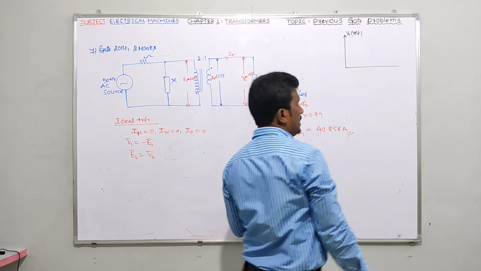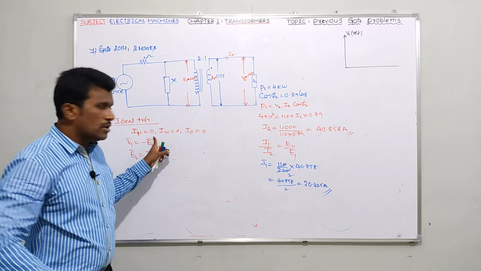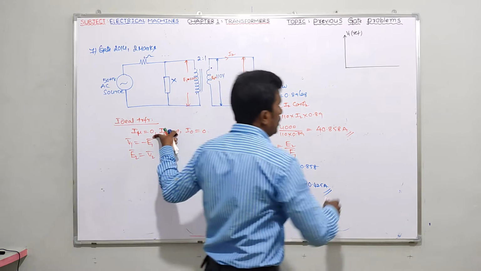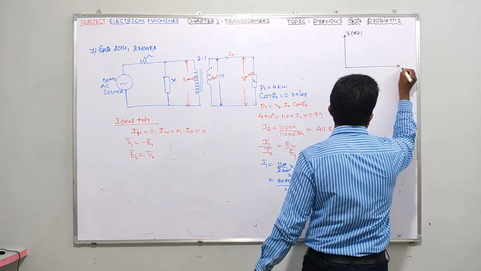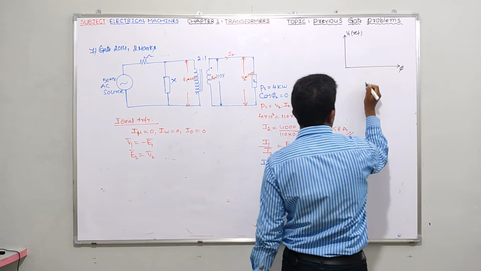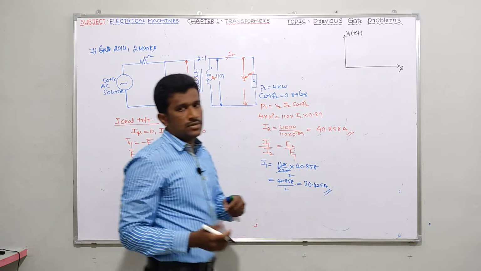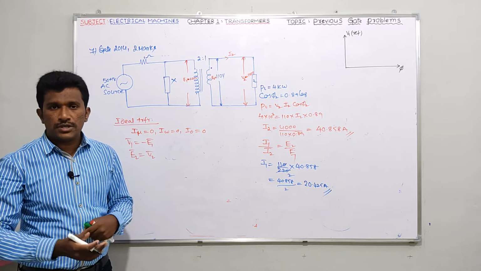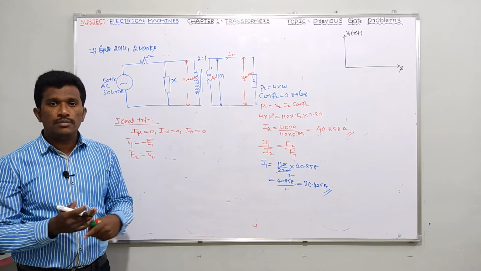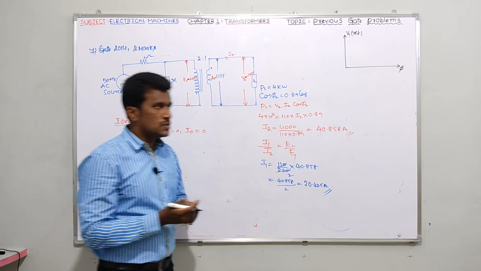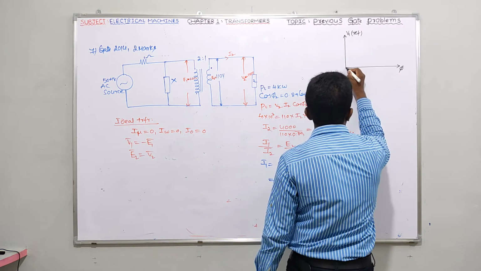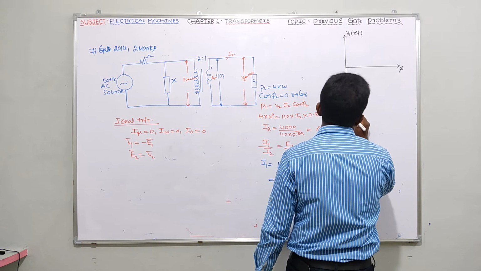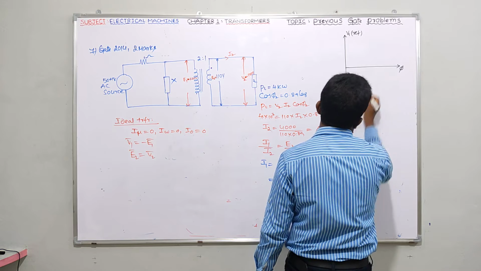But I told you it's an ideal transformer, therefore I_mu equals 0, so there is no need to show the I_mu value. I_mu and flux will be in phase, so let me show flux directly here. Because of Lenz's law, the primary winding EMF E1 will come into picture 90 degrees after the flux. So E1 lags flux by 90 degrees.